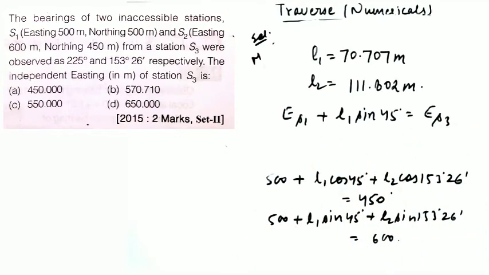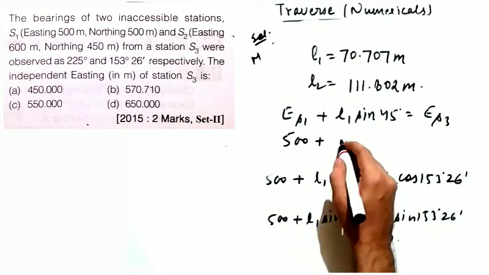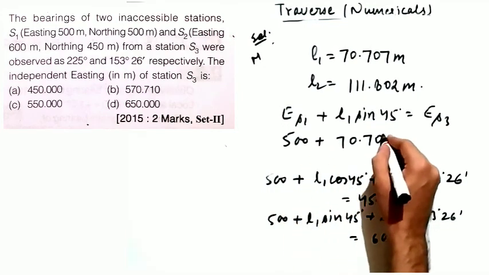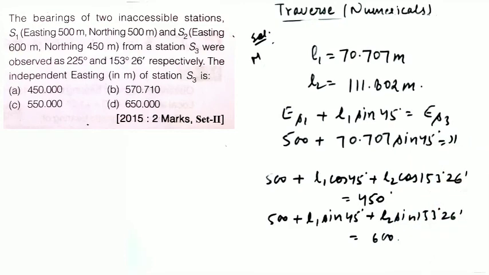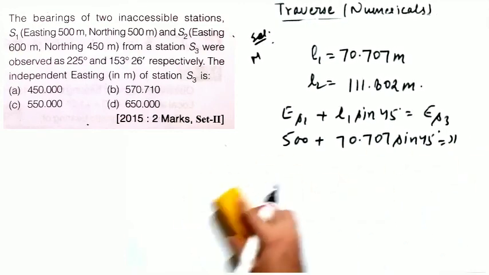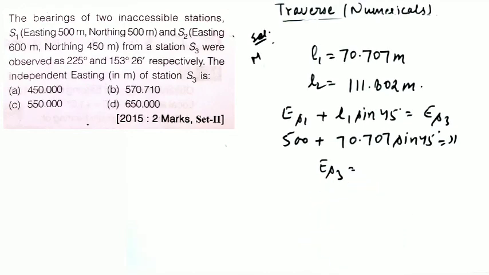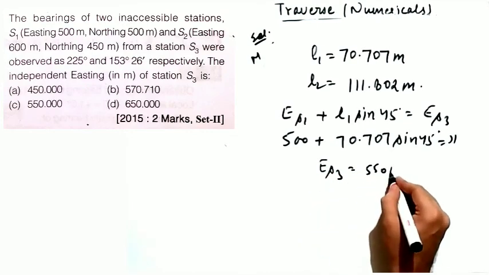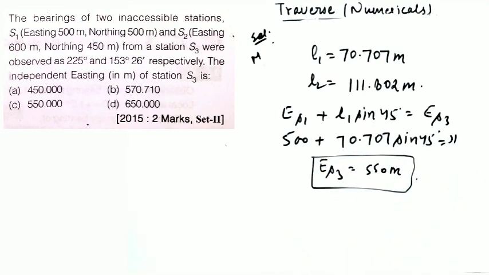The easting of S1 is equal to 500. L1 is 70.707 multiplied by sine 45 degree will give you the easting of S3. So when you solve that, you get the easting of S3 coming out to be 550 meters. So this is all about the numericals of traverse. Thank you.